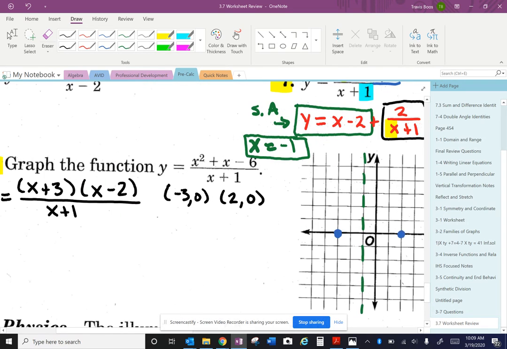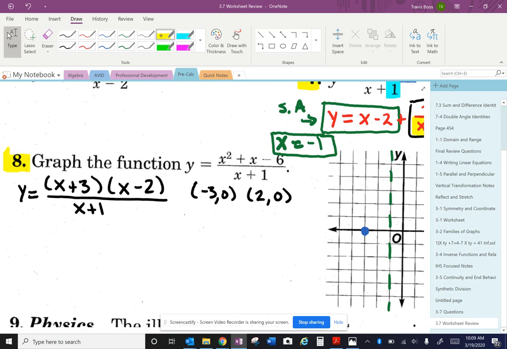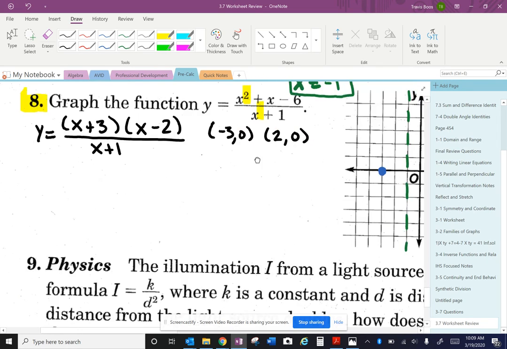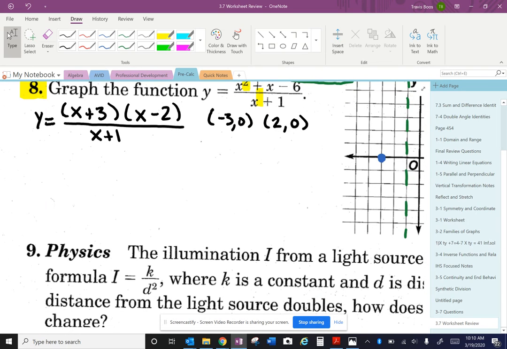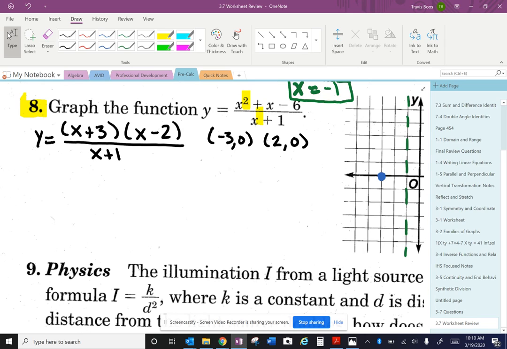But since the degree of the numerator is exactly 1 more than the degree of the denominator, I know there's a slant asymptote, and I can find that using synthetic division. For this example, I'm not going to use the shortcut. I'm just going to use the other method, but feel free to use the shortcut.